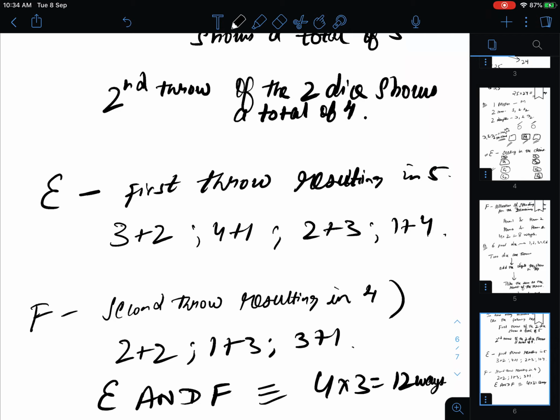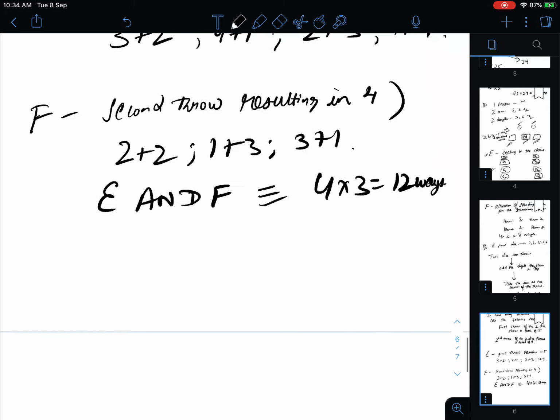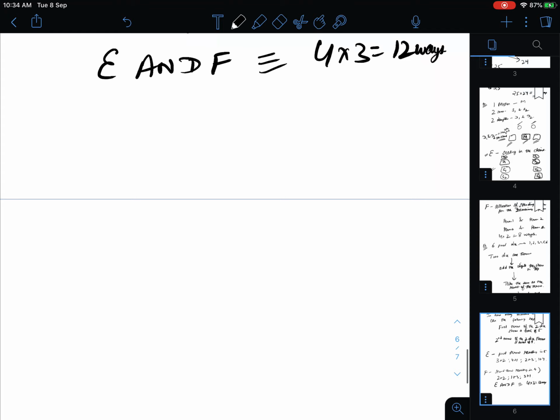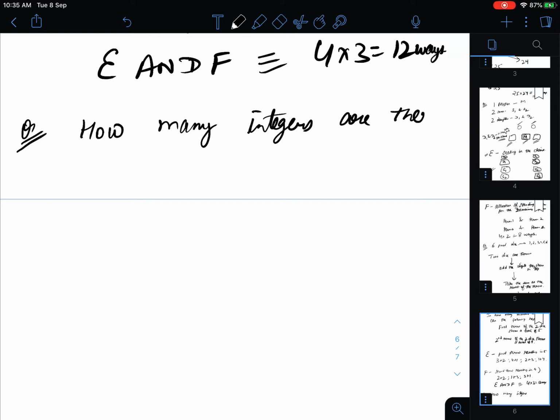Okay, now let's take one more example. The question is, how many integers are there less than 1000 and ending with 3, 6 or 9?